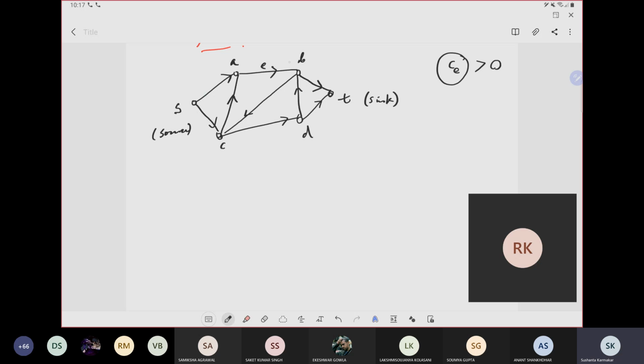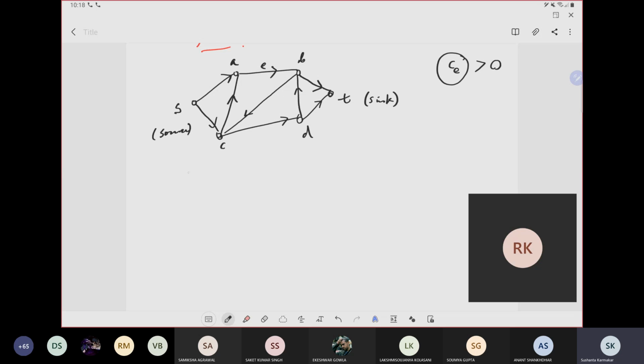Now, with this, the question arises: I want to give, so initially, what is the initial assignment?